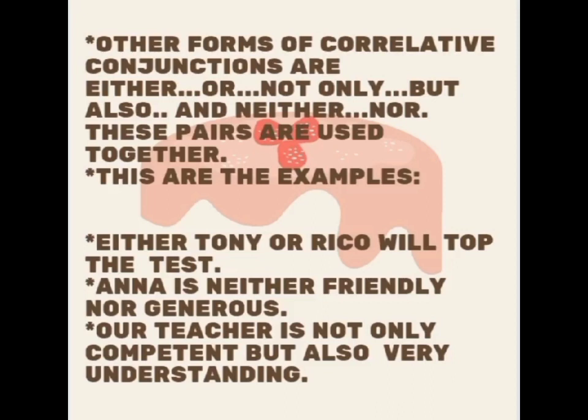Example number 3. Our teacher is not only competent but also very understanding. To emphasize the sentence, our teacher is competent and our teacher is very understanding. Another example, this bag is not only high quality but also attractive.